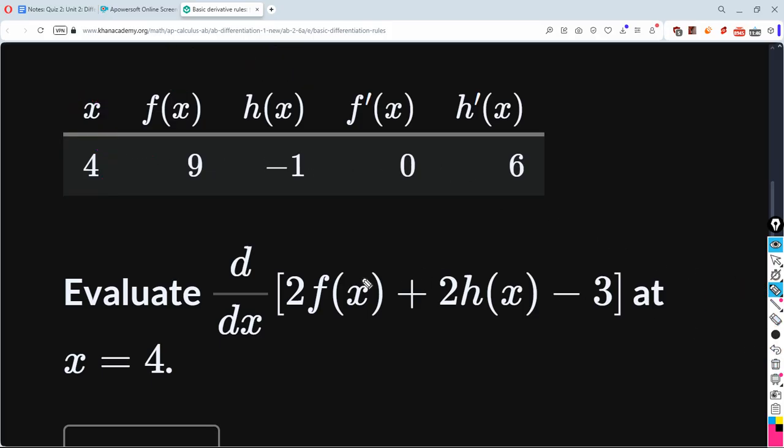Now, we want to take the derivative of this function. So we said for a polynomial, you can just distribute. So it's going to be the derivative of 2 times f of x. All right, we said in the write-up, you can just keep the constant, which is 2. And f of x is going to become f prime of x.